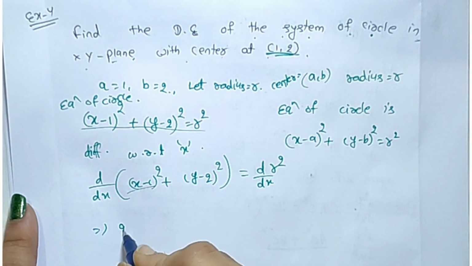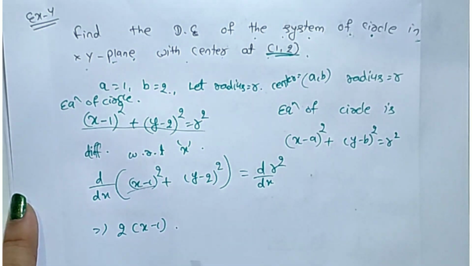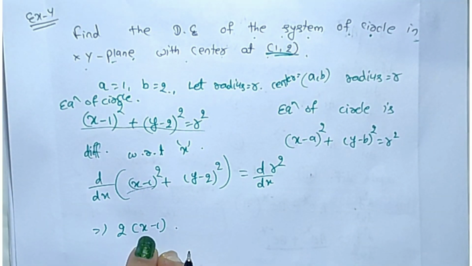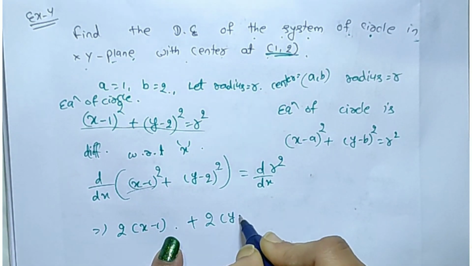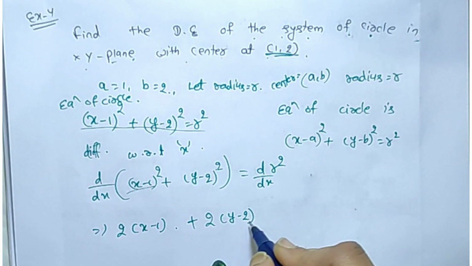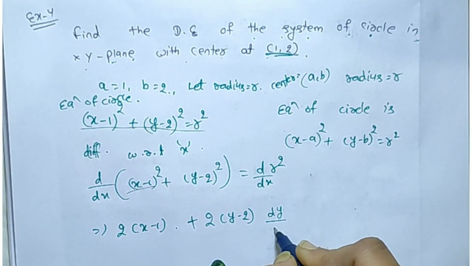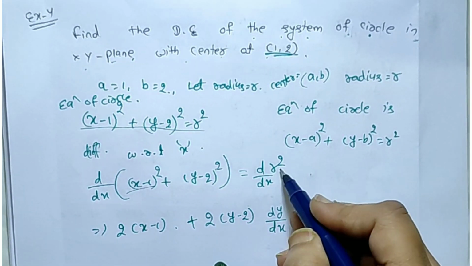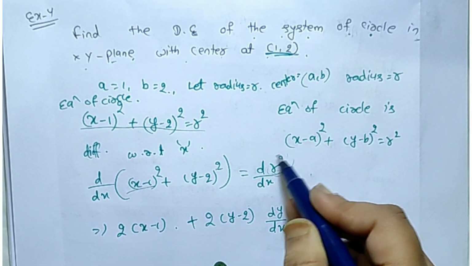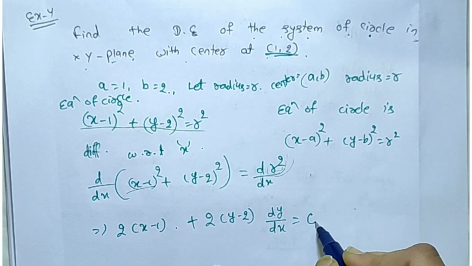Differentiating, this term will be 2 into (x minus 1), by chain rule again the derivative of x minus 1 is 1, plus 2 into (y minus 2), again the derivative of y minus 2 will be dy by dx. This is purely chain rule. This is equal to 0, since r squared is constant, the radius being constant.